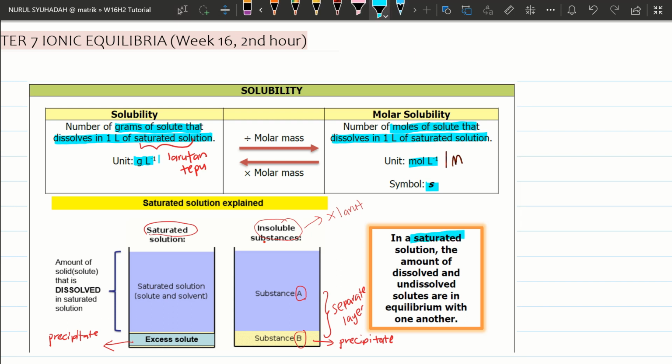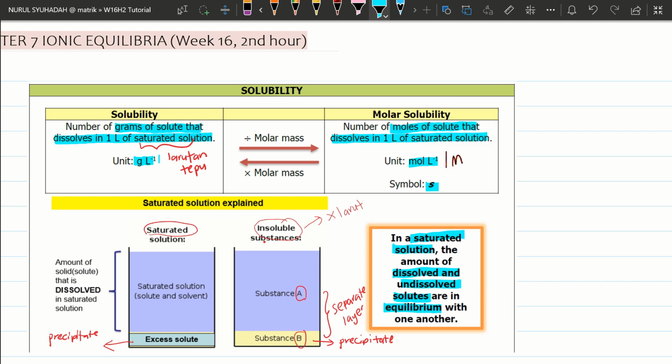By using this, we will determine our calculations later on.